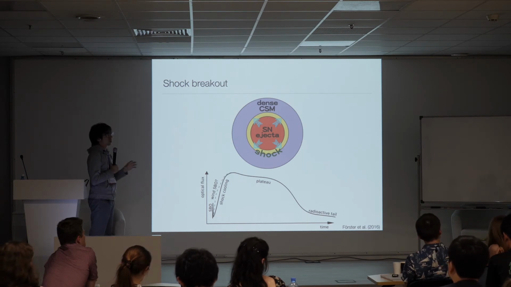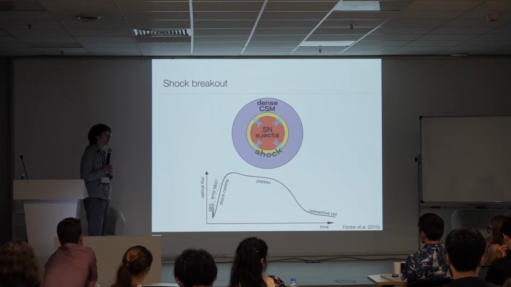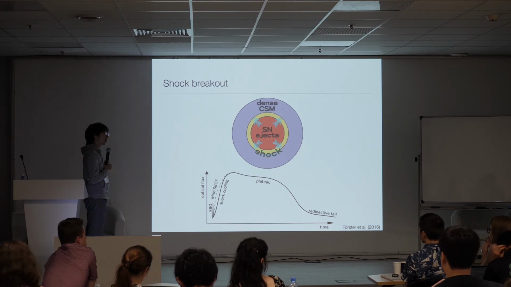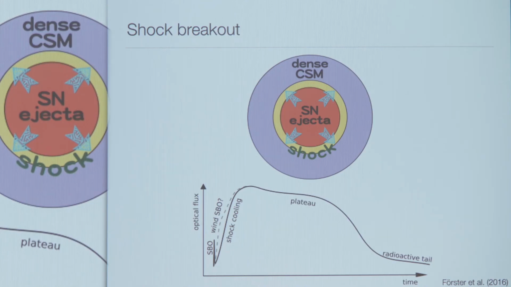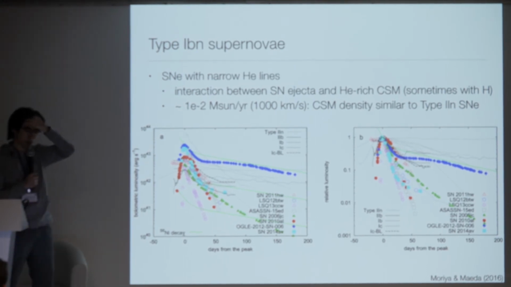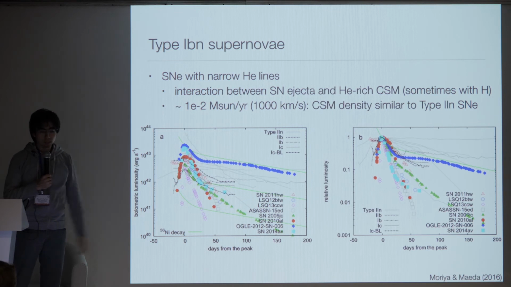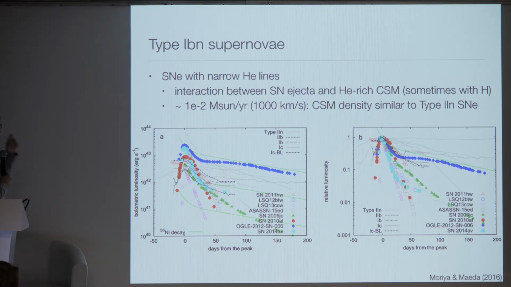Okay. But the time scale is quite a difficult issue, and we don't know exactly how the core evolution and surface evolution are connected. So this was about hydrogen-rich supernovae, and you may wonder if this kind of thing can happen in hydrogen-free supernovae.